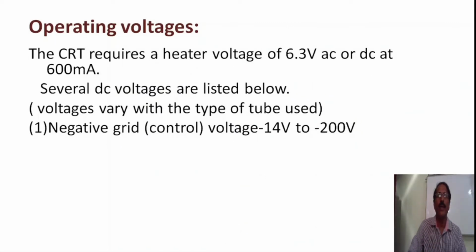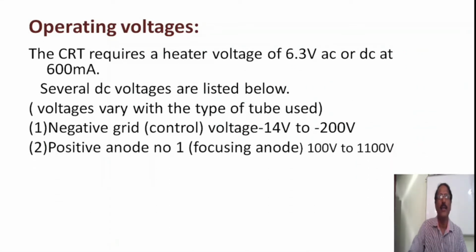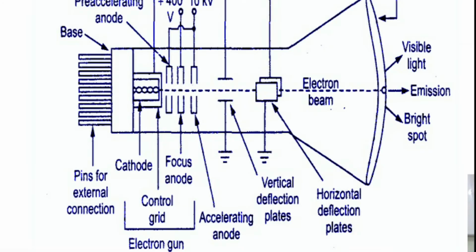The different voltages for the three anodes are used as the positive anode. This anode focuses the beam of electrons, so it requires 100 volt to 1100 volt. One more anode, which is used for accelerating the beam, uses a still higher voltage, that is 600 volt to 600 kilovolt.